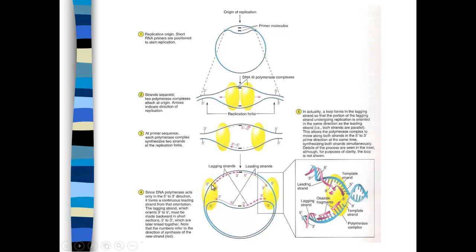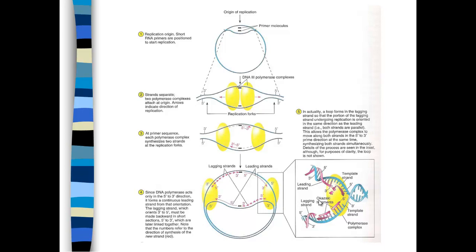So the lagging strand does not use DNA polymerase III, it uses these Okazaki fragments that come together here. These are just small fragments of DNA, and these are put together via an enzyme called DNA ligase. DNA ligase is a DNA glue, and it just glues the different nucleotides together.